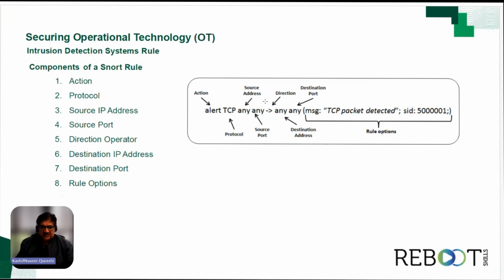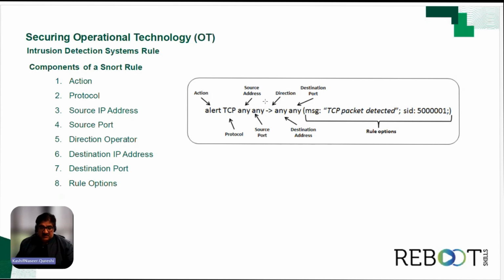Whereas the predefined rules are the Snort rules that come from the Snort community or from the official Snort rules providers. These rules are developed and maintained by security experts and are designed to detect a wide range of common threats.